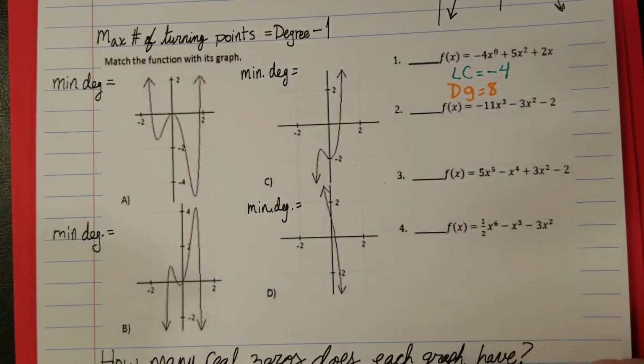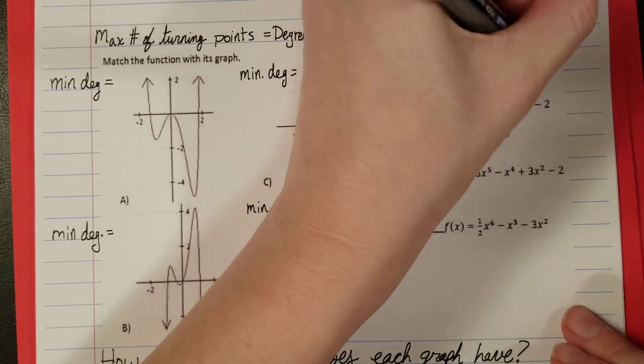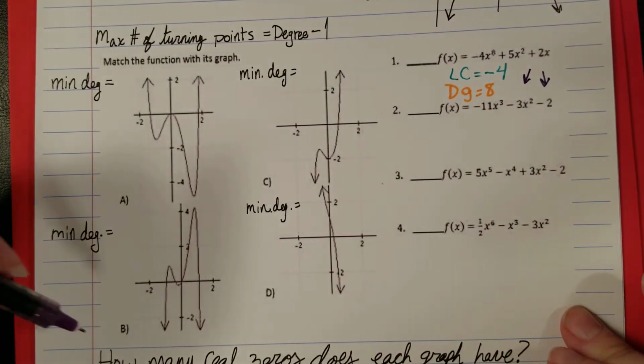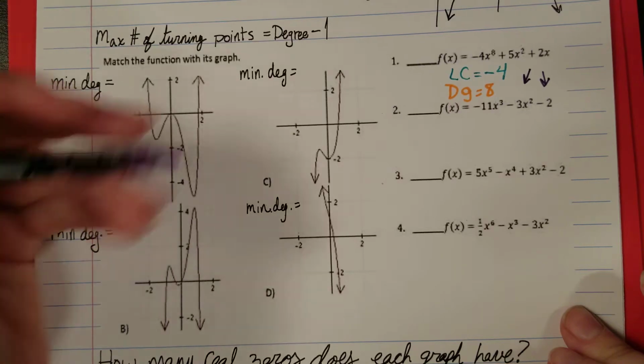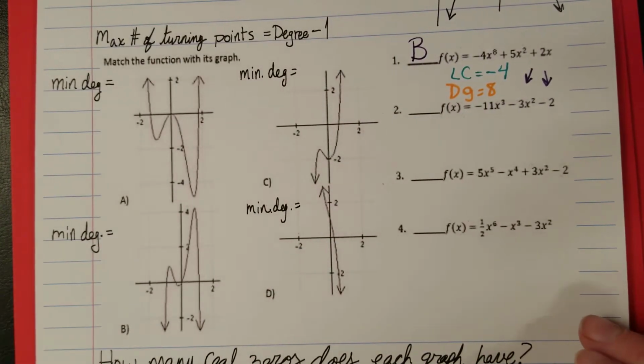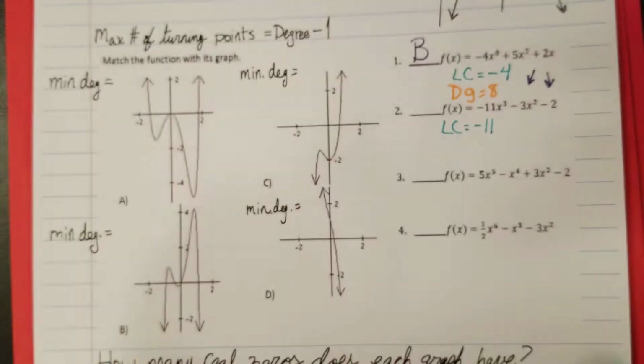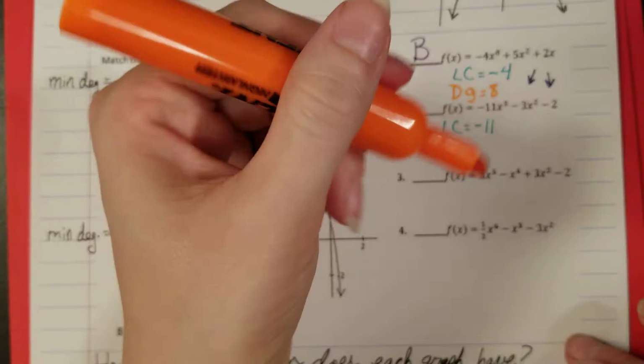All right, so that's an even degree, meaning the arrows will point the same direction, and the leading coefficient is negative, so both arrows are going to be pointing down. So that would have to be graph B right here. And then number 2, the leading coefficient is -11, and the degree is 3.